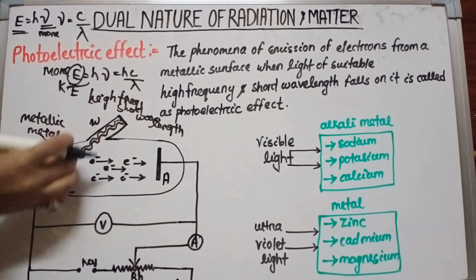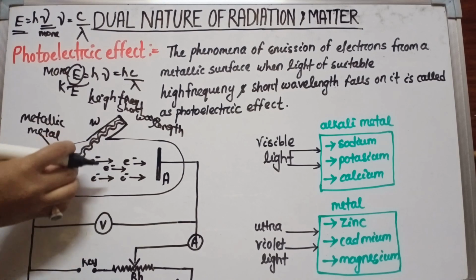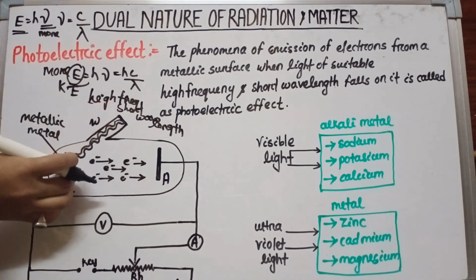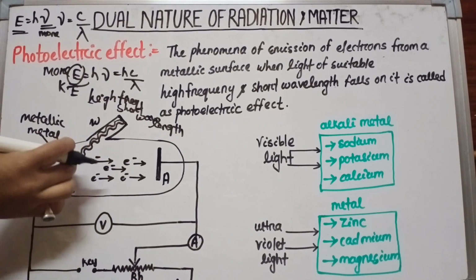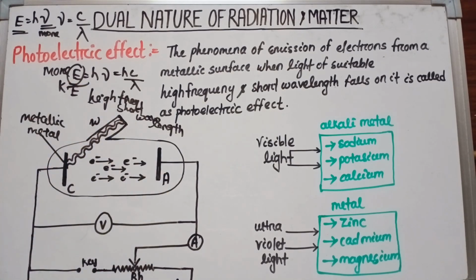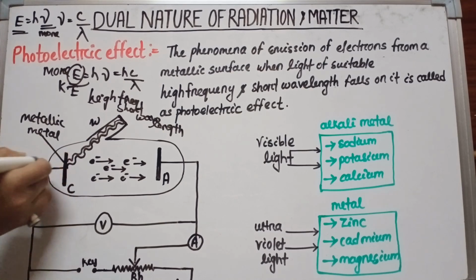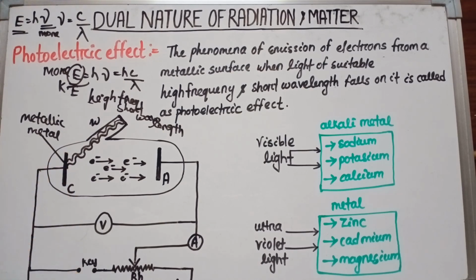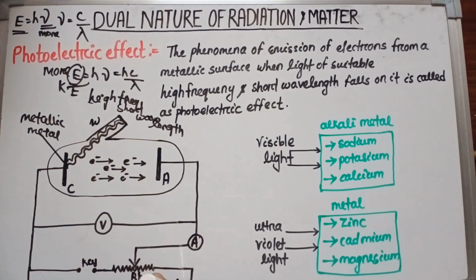The free electrons in this metallic surface will acquire energy and are able to be emitted from the metal surface and go towards the anode plate. Here the metallic surface is connected to the negative potential and the other plate is connected to the positive potential.